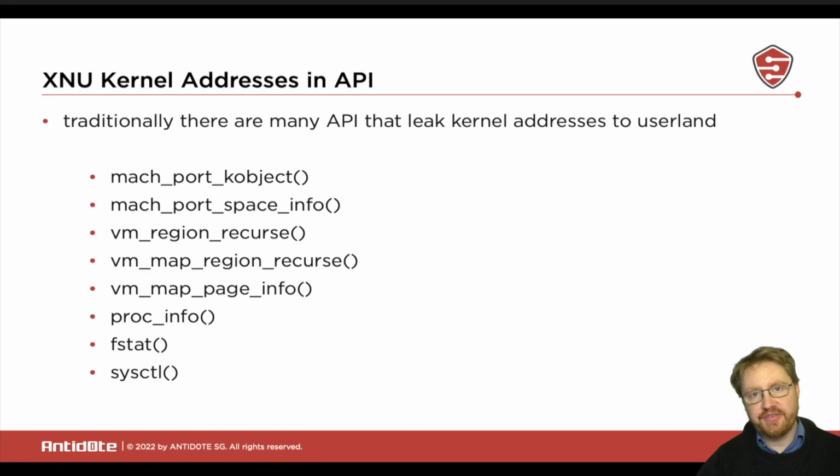We have the fstat system call that, in various cases, returns kernel addresses as fake inode numbers, for example. Then we have the whole sysctl interface, where there is a myriad of variables that can be queried from user land, and some of them contain kernel addresses.